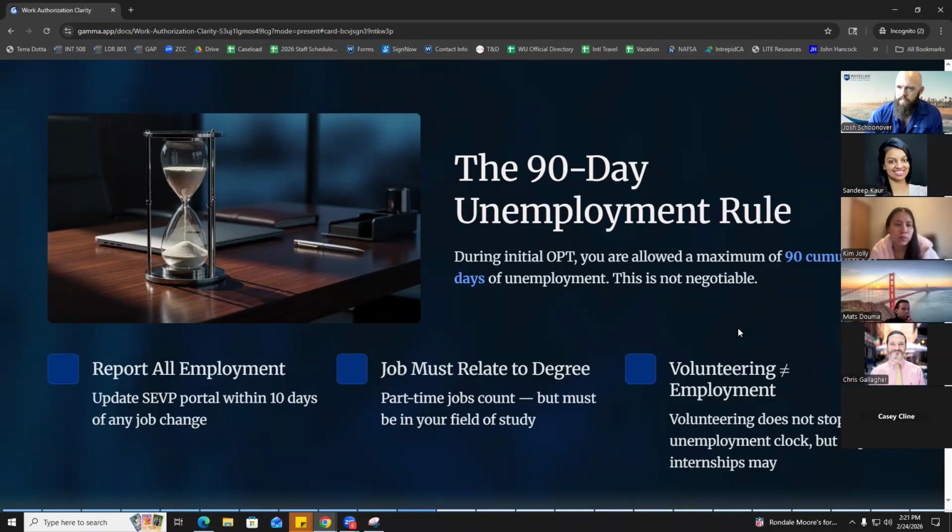Just like CPT, OPT does have to be directly related to your program of study. And one thing that some students will do is they'll take an unpaid internship if they can't get a job to pause the 90-day unemployment clock. Unpaid internships generally are seen as being okay. Volunteering is not, like once a week at your church or the animal shelter.